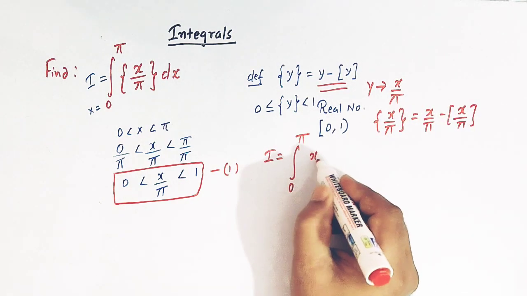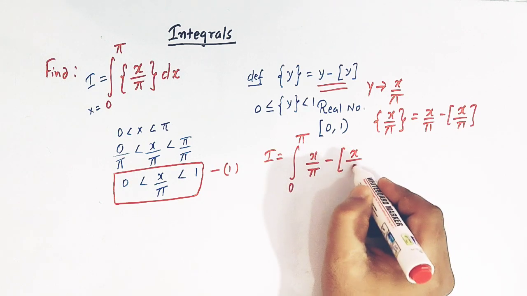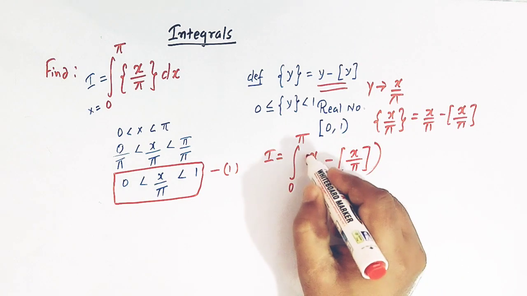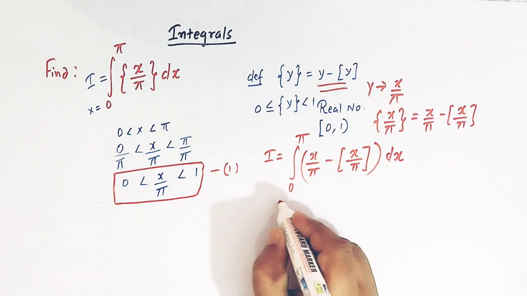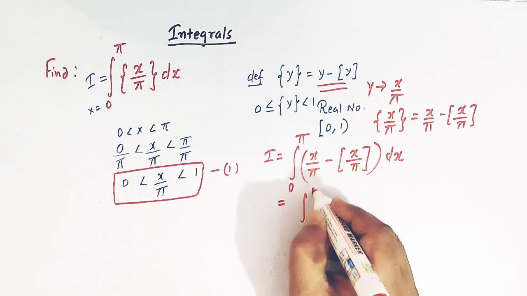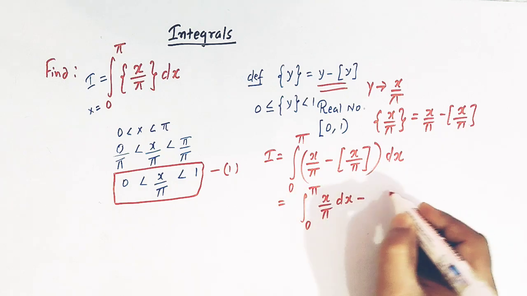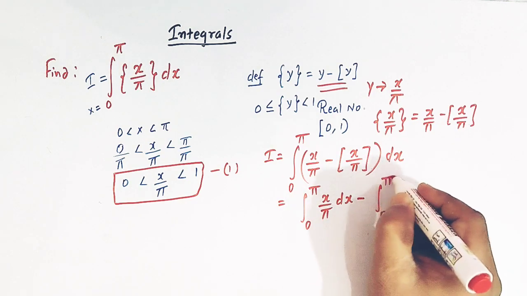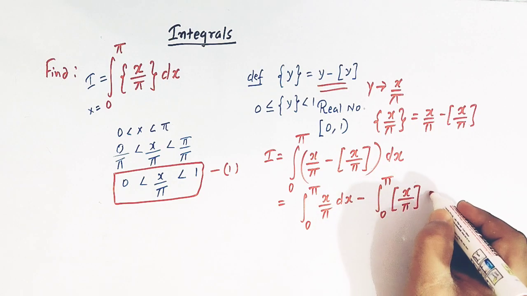So now we can write the integral from 0 to pi of x over pi dx minus the integral from 0 to pi of the greatest integer of x over pi.